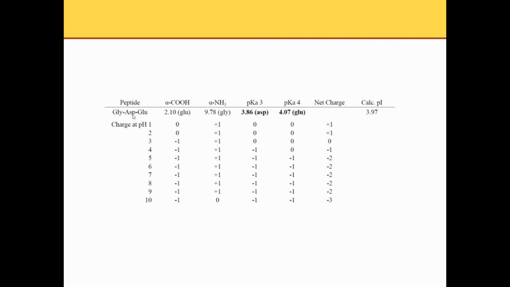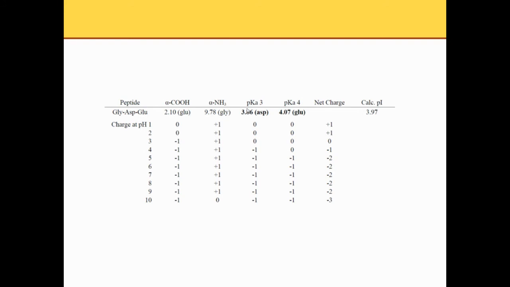And in this case, it does carry a side chain. So for glycine, the amino group is here, and on the right side, the C terminal carboxyl group, the glutamine here. So you have 2.1 and 9.78. And now you have the side chains for this one and this one.